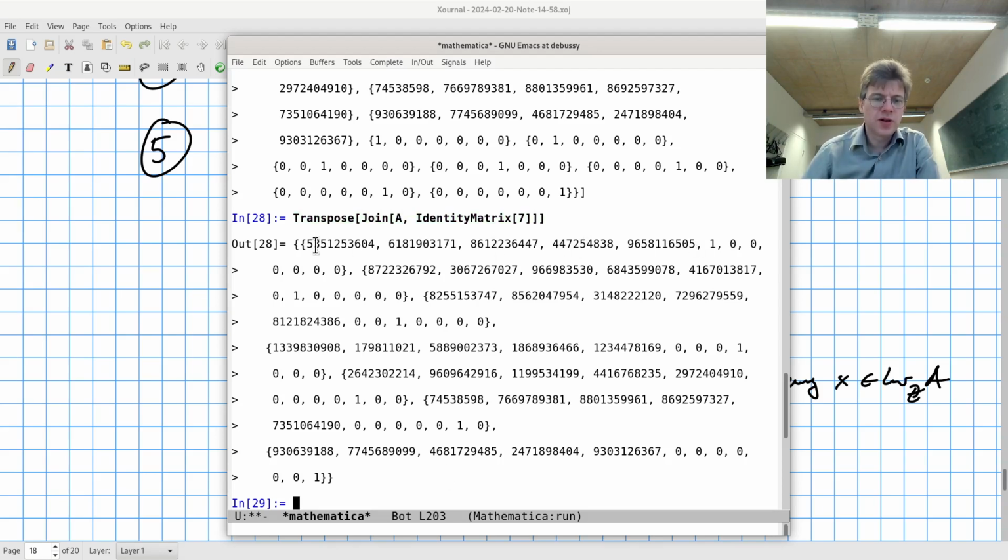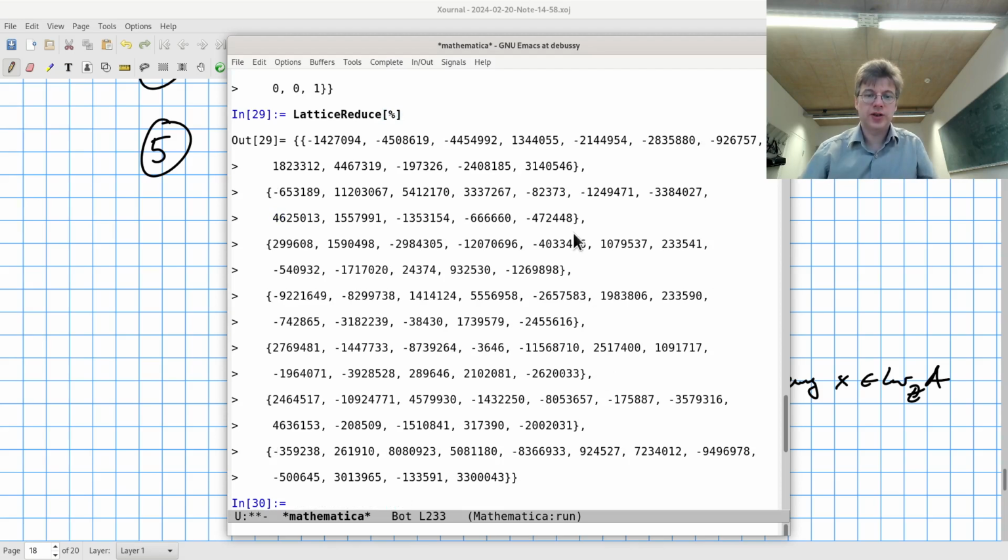Okay, so this is the first column of A, but here written as a row because Mathematica thinks of generators as rows. And then this is the second column with the second unit vector attached and so on. So let's do lattice reduce, and we see nothing.